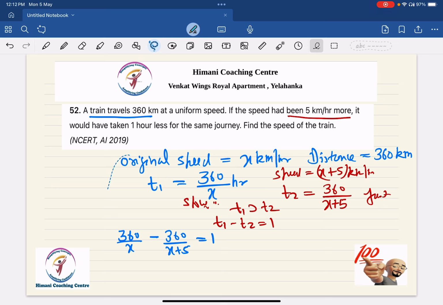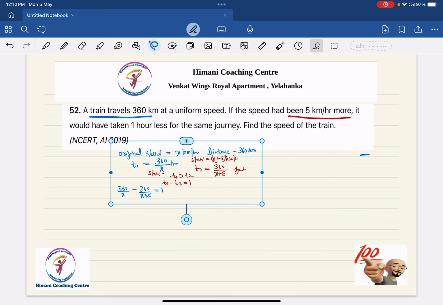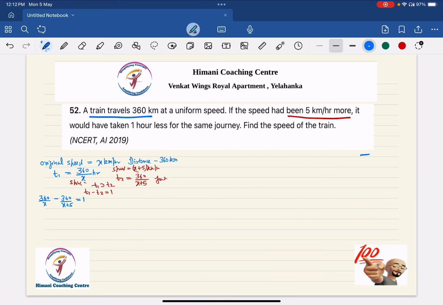Now let us again make some space to solve this question. See, I can take 360 common. So we are left with 1 by x minus 1 by x plus 5, which is equal to 1.